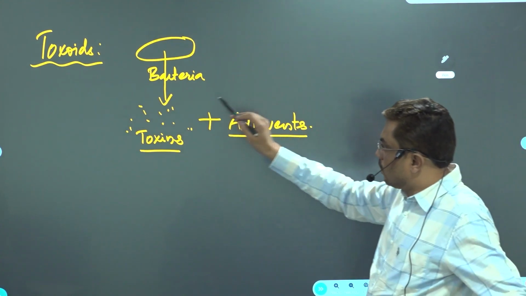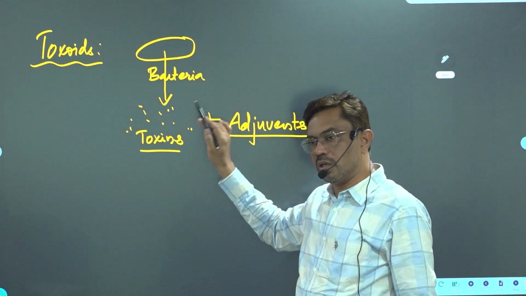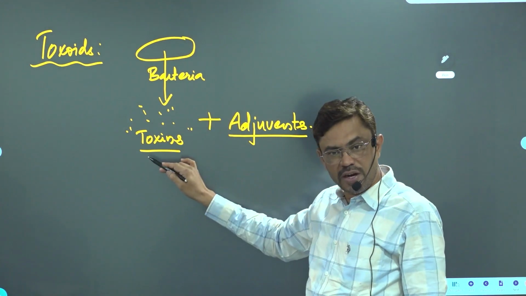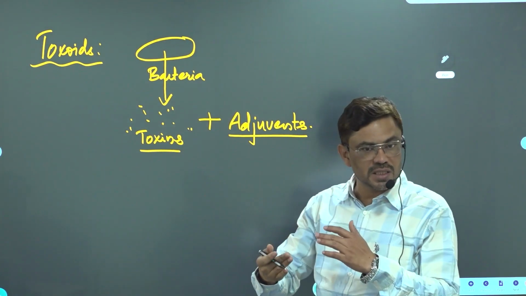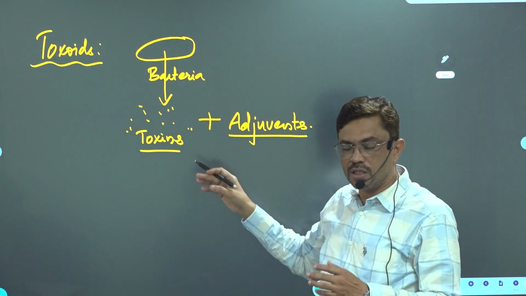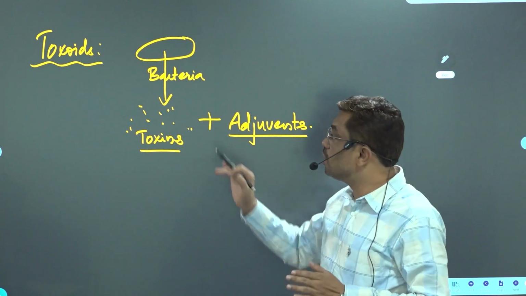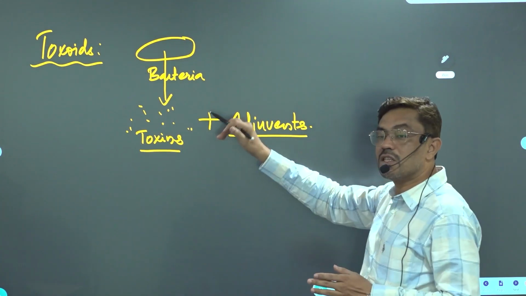So the toxins released from the pathogen are extracted, purified, and mixed with other substances called adjuvants, which act as preservatives. Is it clear? These types of vaccines we call toxoids.